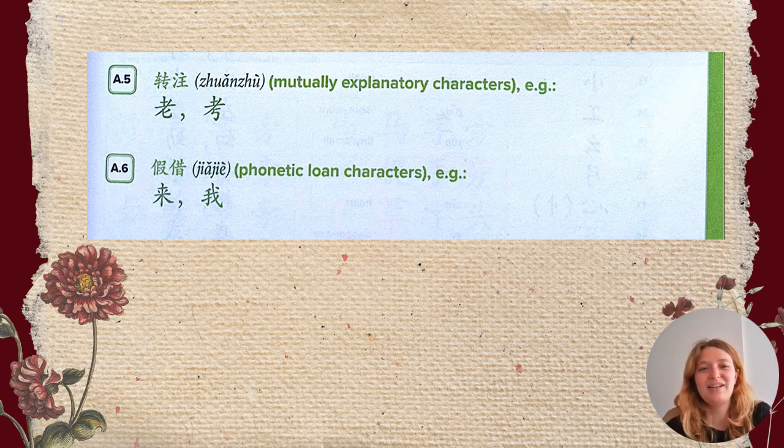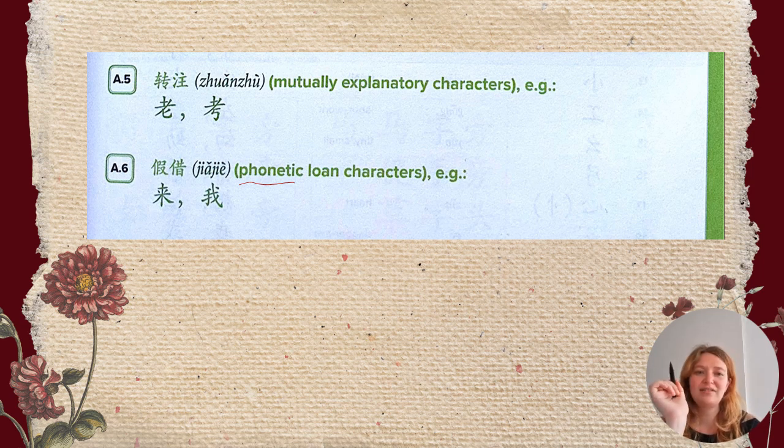And then the next one, 假借, which is phonetic loan character, which also basically just means that the pronunciation of this character was similar to another character until they created this new character for this new word.